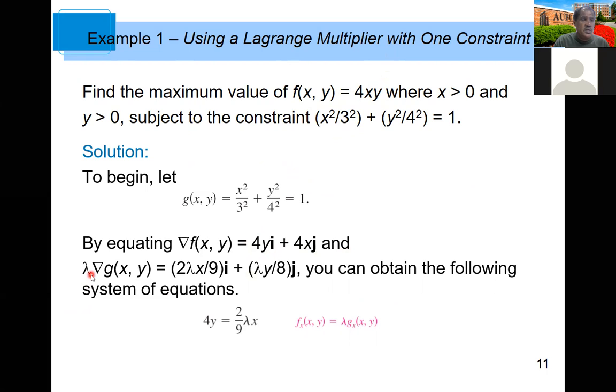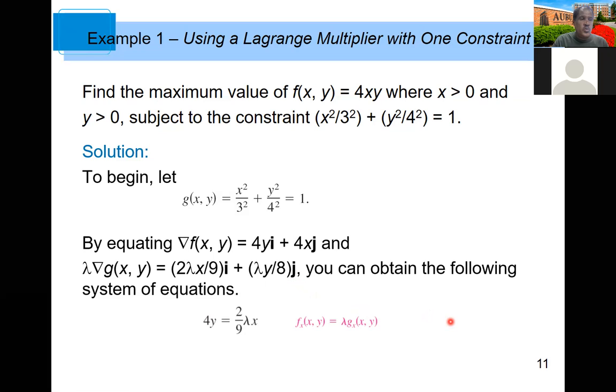And based on the previous procedure, we also need lambda times del of g of x,y. Well, gx is 2x over 9, so 2x over 9 times lambda i plus gy is 2y over 16, which is y over 8, times lambda, which is lambda y over 8 times j.